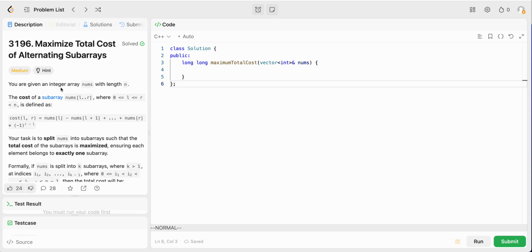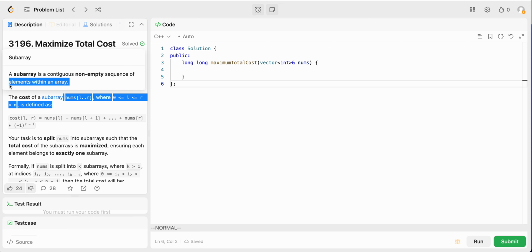We are given an integer array nums with length n, and the cost of a subarray is defined a little bit differently than we usually see.